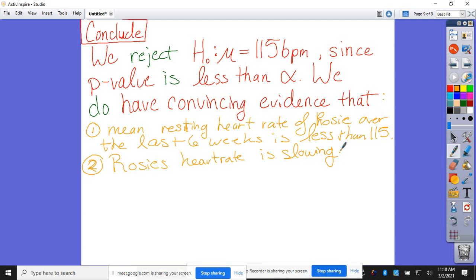And either one of those is fine. Sometimes this one's really wordy and hard to be specific, and this one's easier. In this one, I probably would have just gone with Rosie's heart rate is slow. Now, to answer your question, though, I should have just written the problem as random and not had to deal with that, which is what I would do on a test or quiz. Because then everything else will still apply.